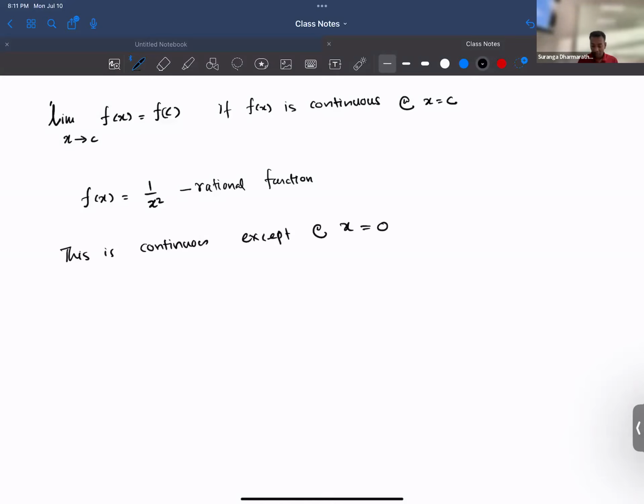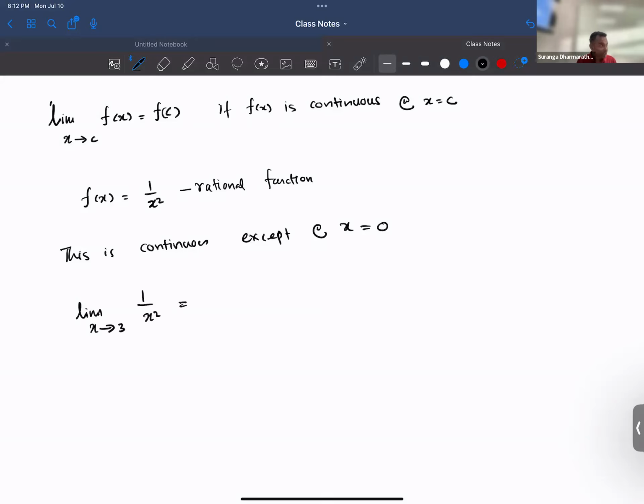Now I am asked to find the limit as x goes to 3 of 1 over x squared. Is that continuous at that point? When x reaches 3, yes, it is continuous. So what can we do? We can do the substitution.